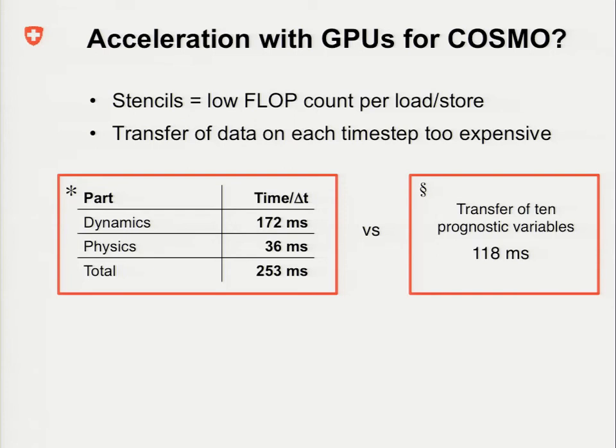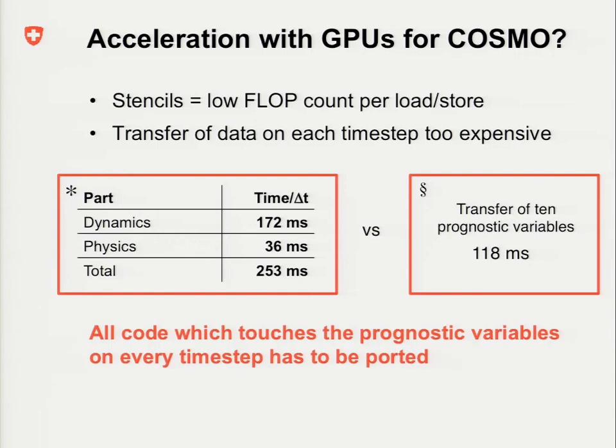And you think about how much time it would take you to transfer 10 prognostic variables, so 10 of the full 3D fields we are advancing forward in time, to the GPU, you get that it would roughly take 118 milliseconds to transfer these fields to the GPU and then back again. That already shows you that this accelerator approach just doesn't work for COSMO, because if you have to do that more than once in one time step, you've already lost the full benefit of going to GPU.